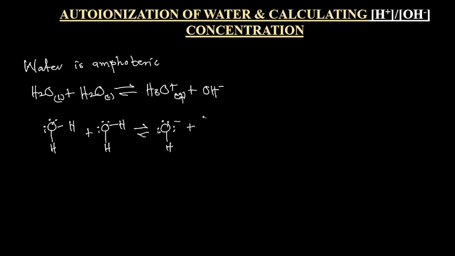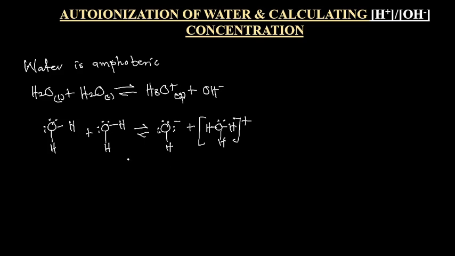And then we have the hydronium, which is oxygen bonded to three hydrogen atoms with just one lone pair, and this time having a positive charge on it. So this is what is known as auto-ionization of water.